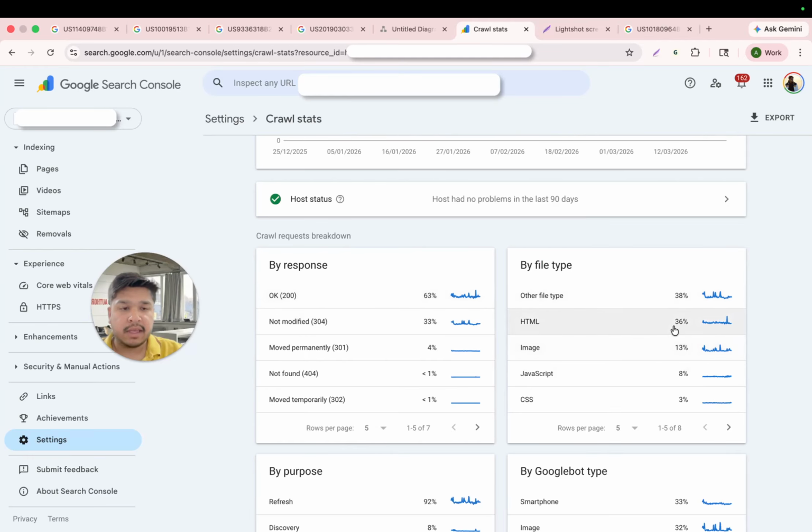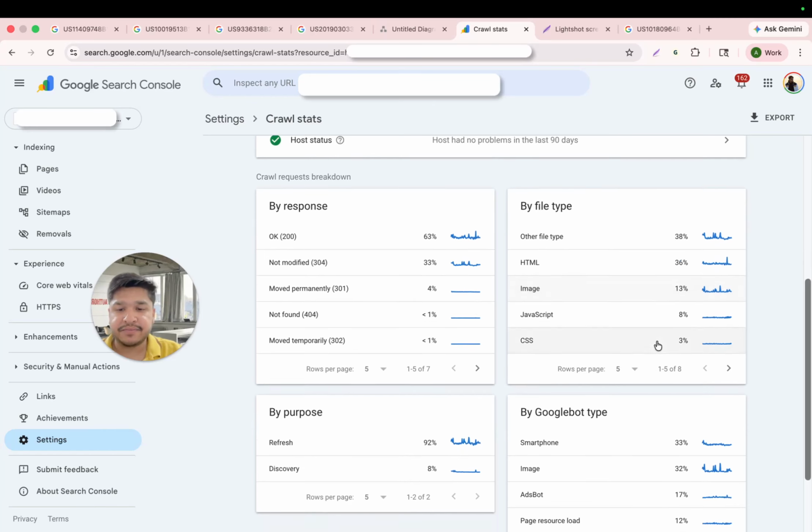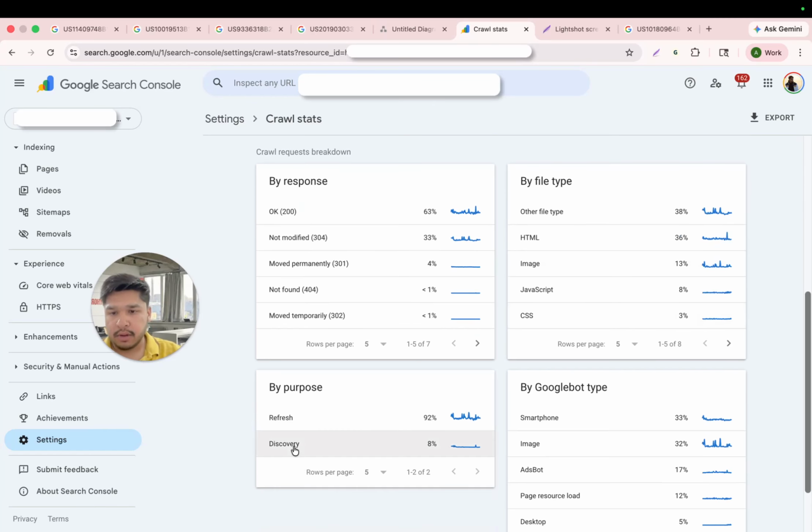And here keep the HTML part more than any other file type, and it should be 99% or 98%. And also try to keep the discovery part higher. Discovery means how many new articles you are publishing and whether Google is crawling them or not. And even if you refresh or update your content, this will also be high.